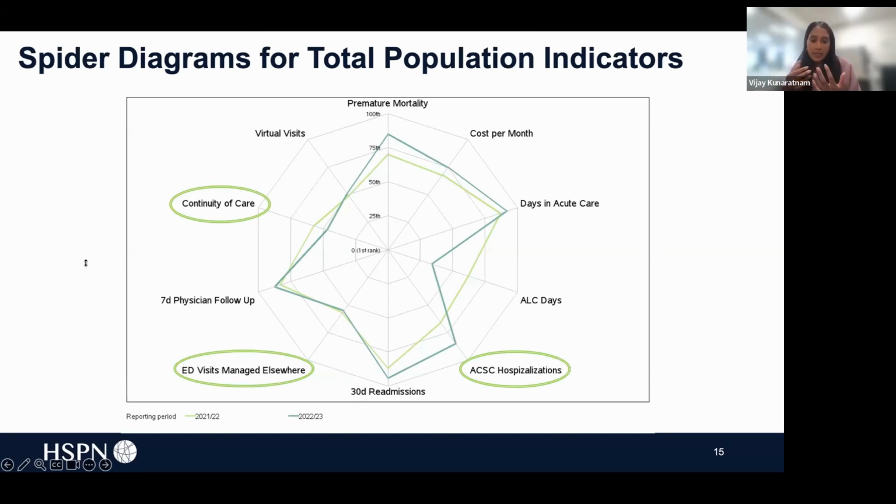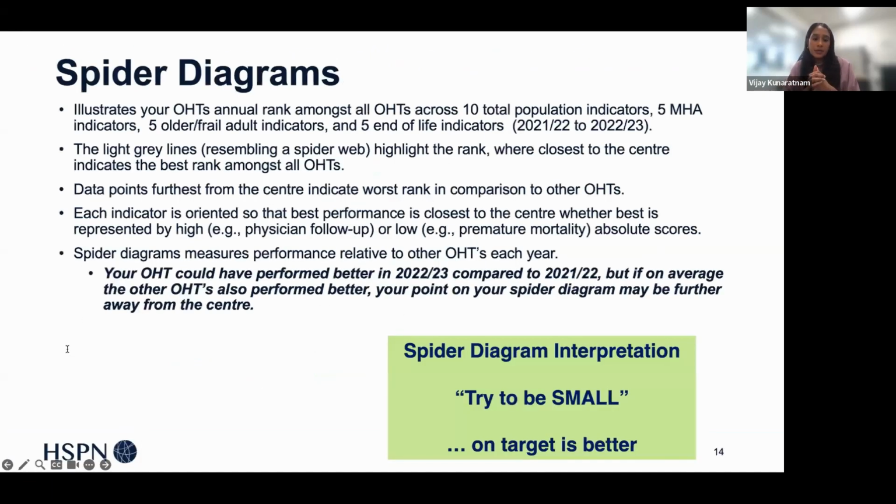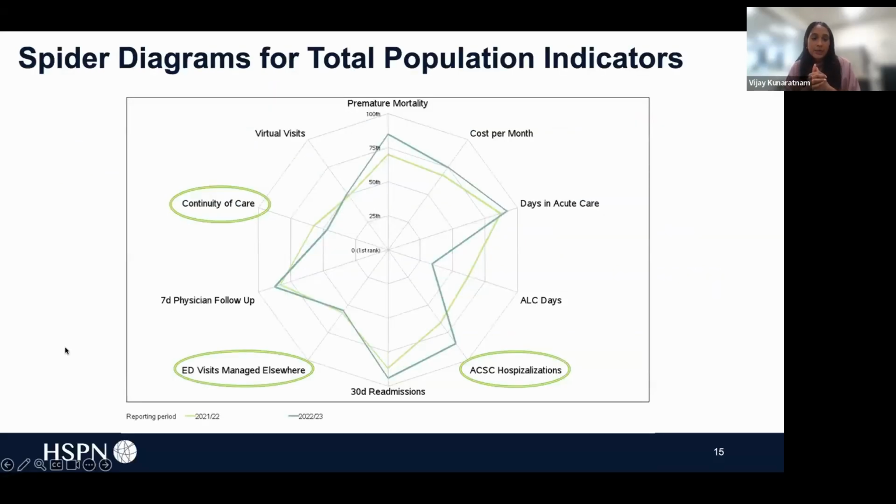And then for continuity of care, you can see this OHT has ranked slightly higher than the other OHTs compared to the previous year. So overall, when this OHT is looking at this spider diagram, they should absolutely look at other population-specific reports for additional ideas, but definitely something that they could focus on is ACSC hospitalization.